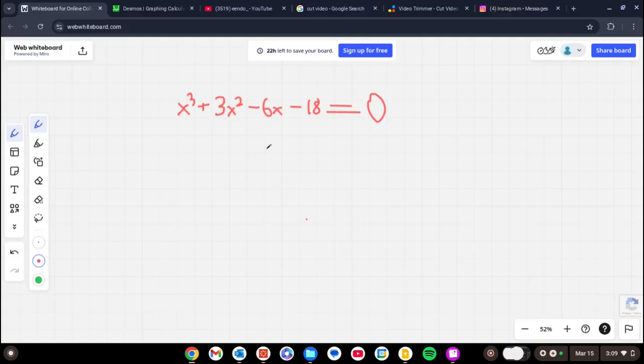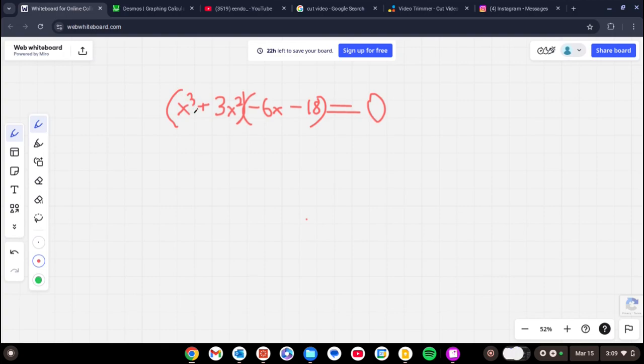So a way we can do this is by splitting the equation into two groups. This group, x to the 3 plus 3x squared, and then this group, minus 6x minus 18.